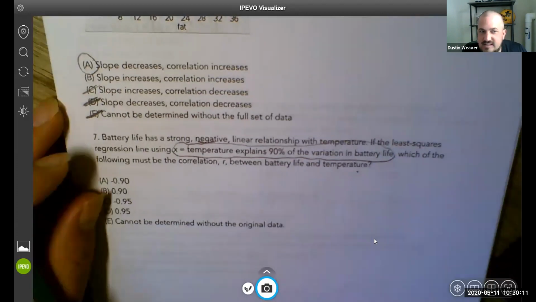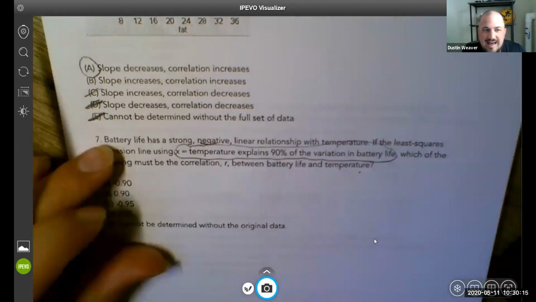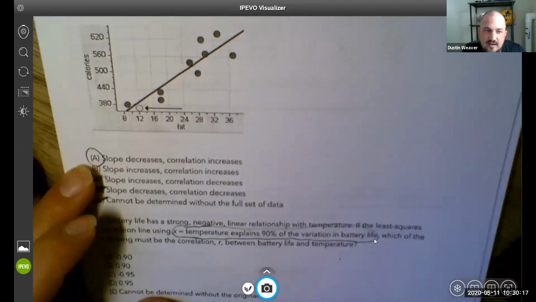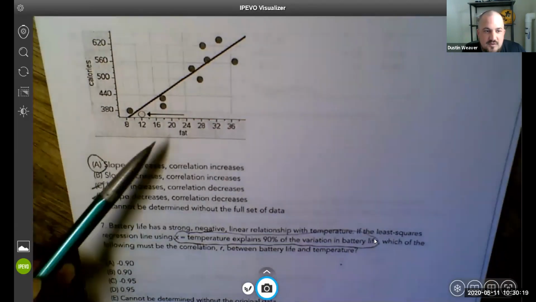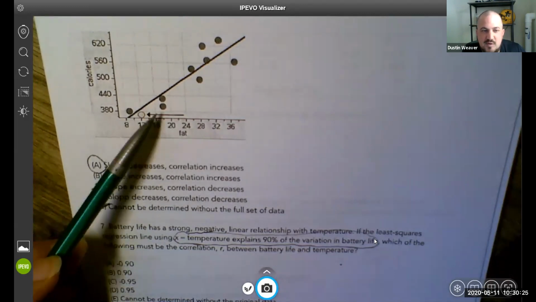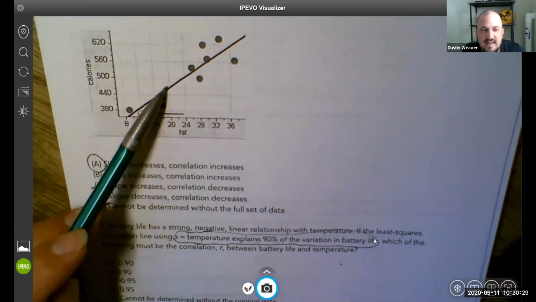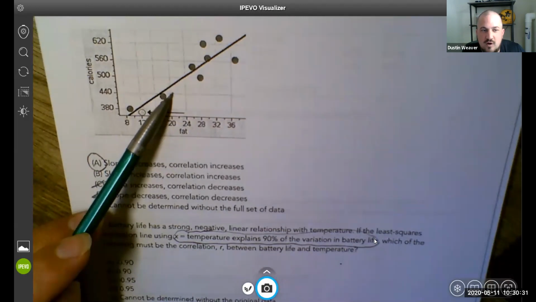Yeah, StatsMedic does say the answer is B for number 6. I tend to disagree there, because if you bring in a point below the line, anywhere below the line you put points, the line is going to go with it.